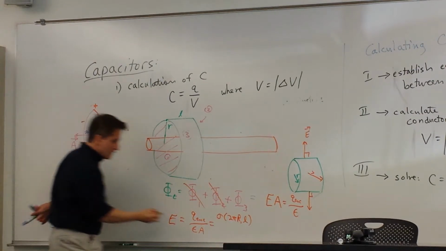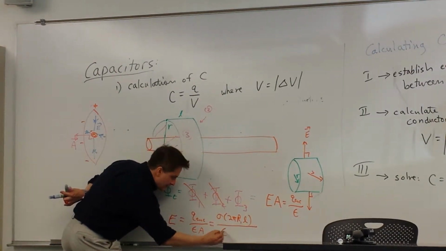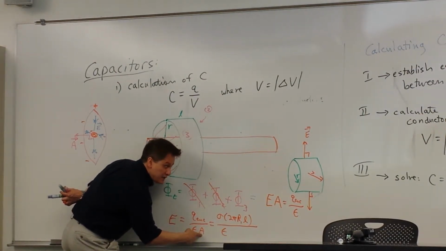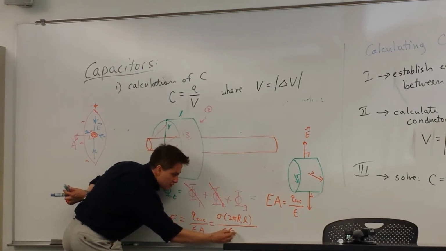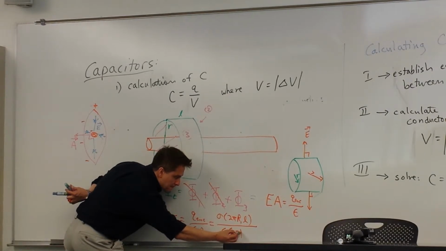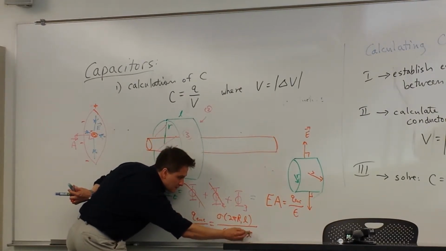All of that divided by epsilon and the surface area of the Gaussian surface, which would be 2 pi r, same L.